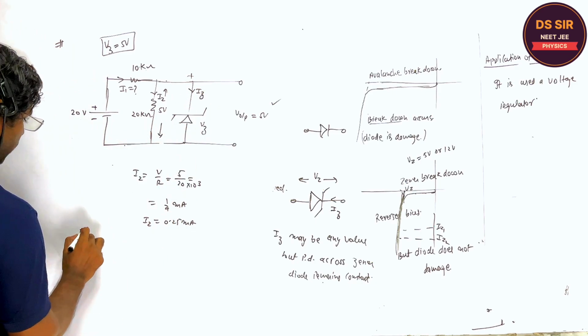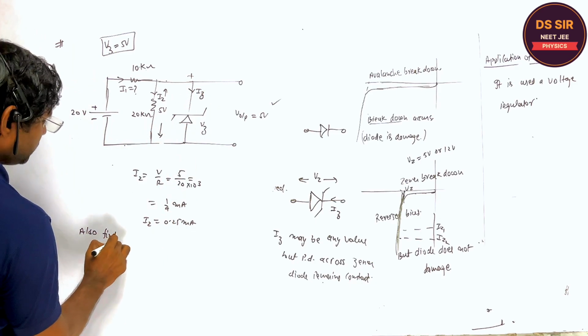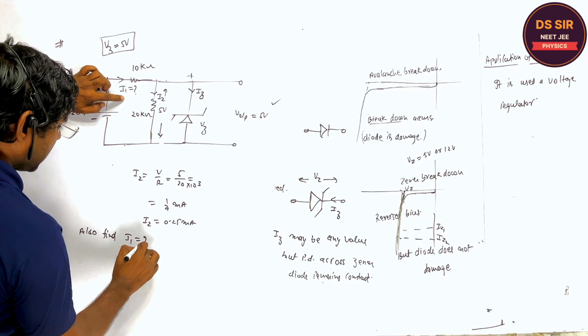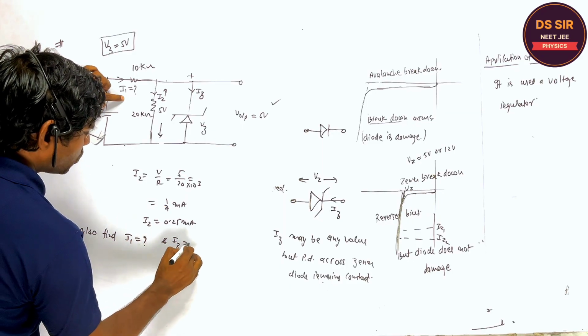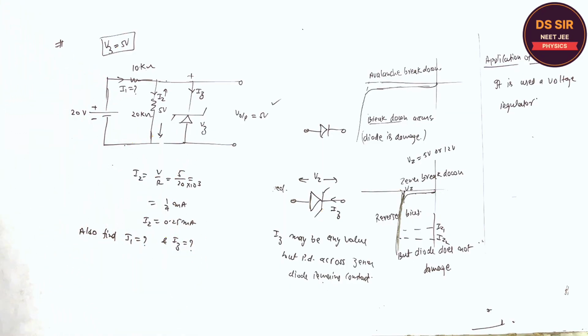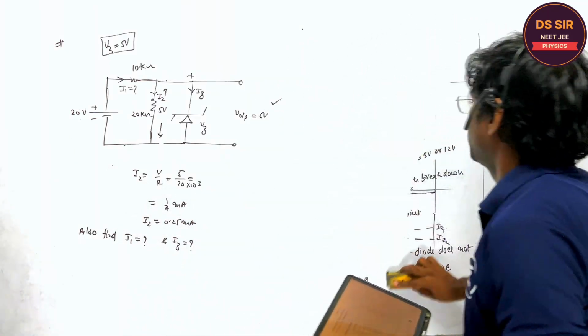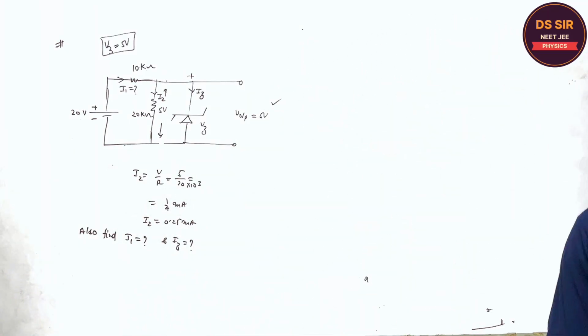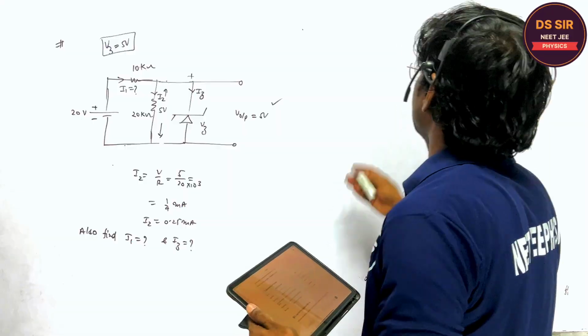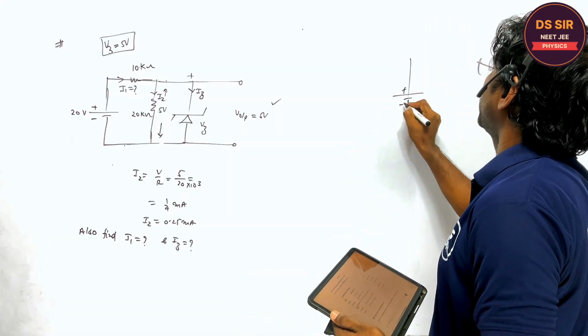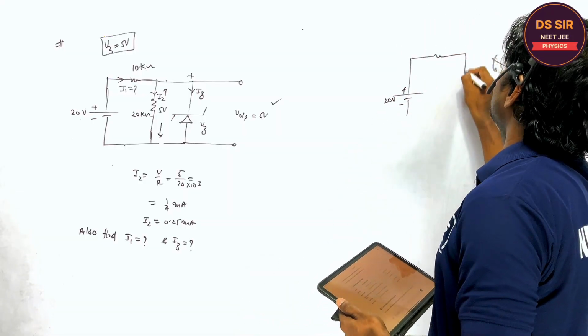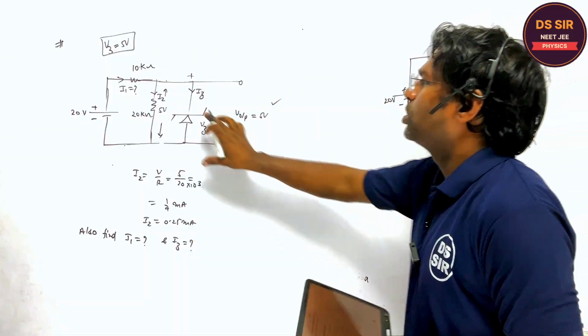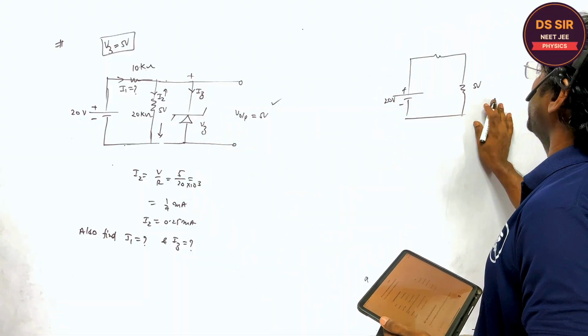Also find the current through this resistance I1 and the current through the Zener diode. Copy this. So let's see the potential drop. Suppose it is the 20 volt battery, this is the resistance, this is another resistance. So it is the 5 volt, right?